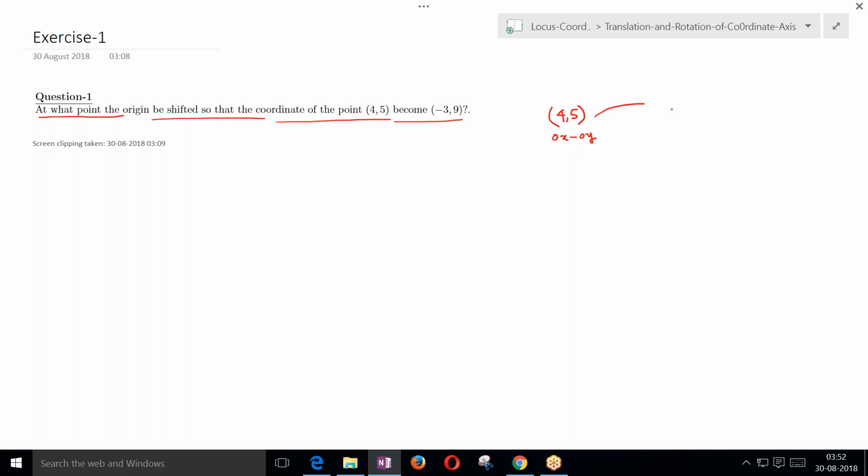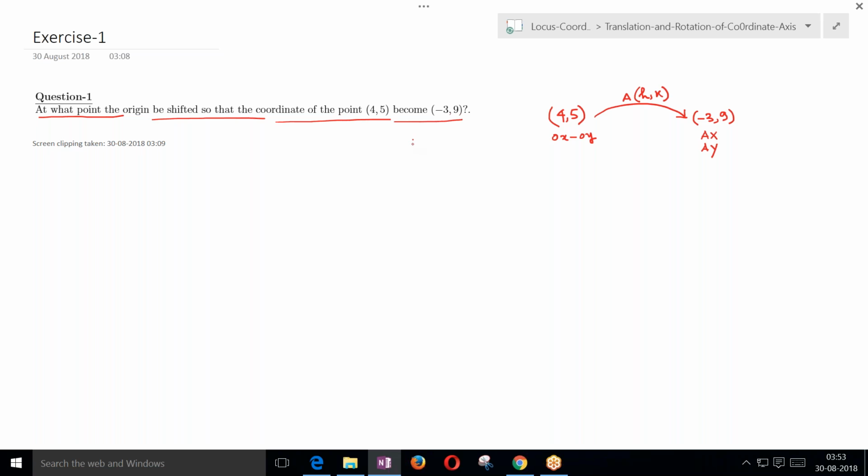That has been shifted, by means of a translation, to a new coordinate axis, capital AX, capital AY, where the coordinates of the point A become (h, k). In the question, it is asked what the value of this (h, k) is. That means what is the shifting.